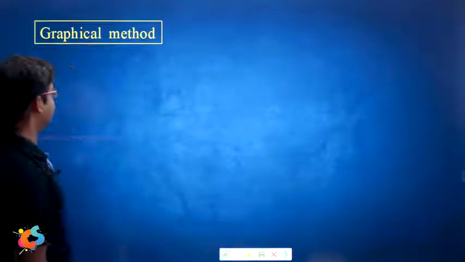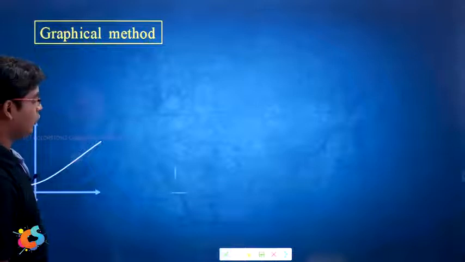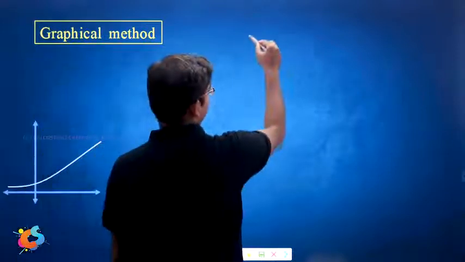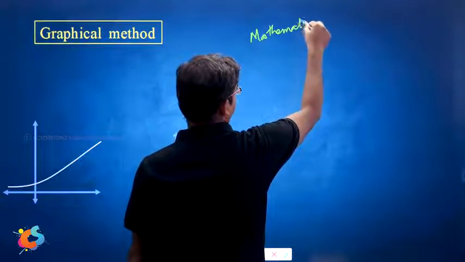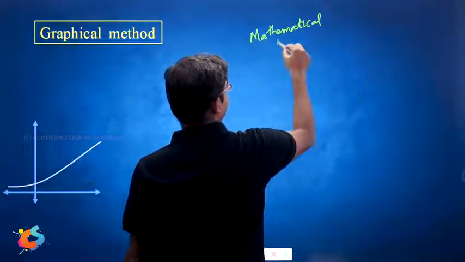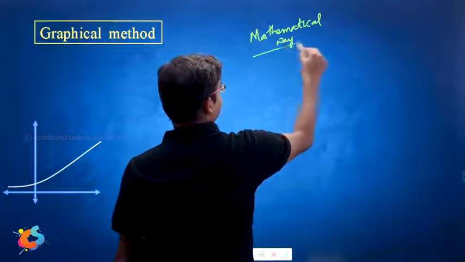Now let us see how do we decide based on the graph of a function if it is a many-one function or a one-one function. So for that let us take some graphs. Before, we have seen the mathematical way of proving if it is one-one or many-one. What was the mathematical method?